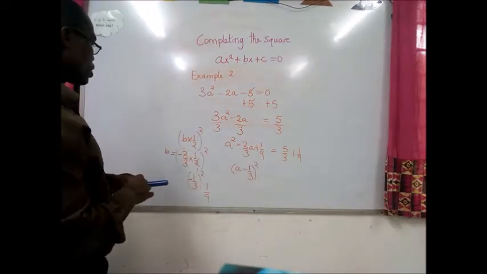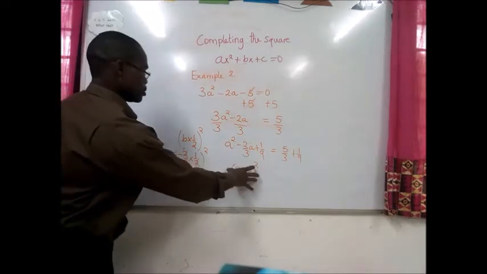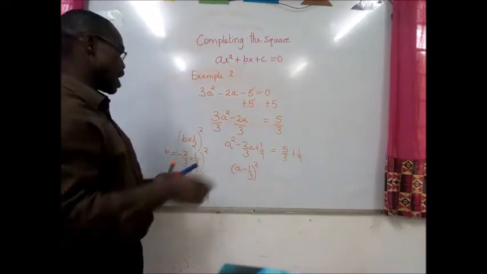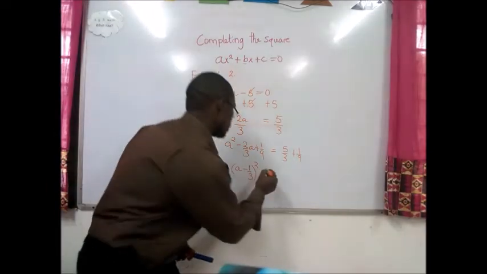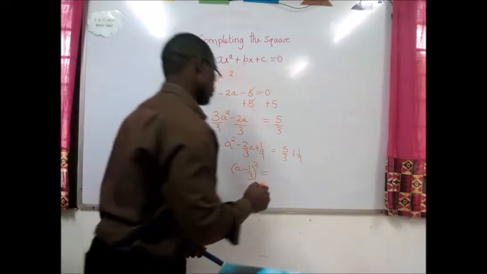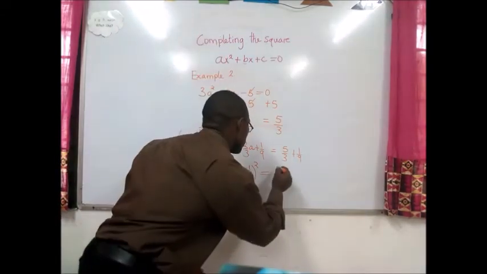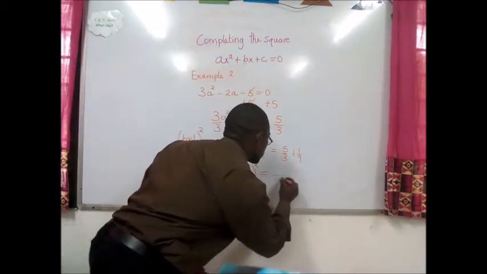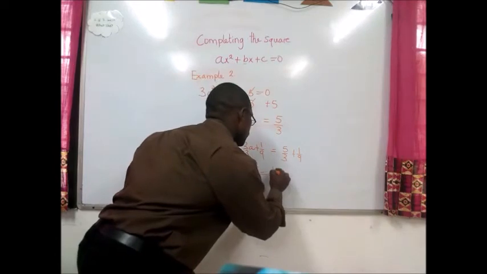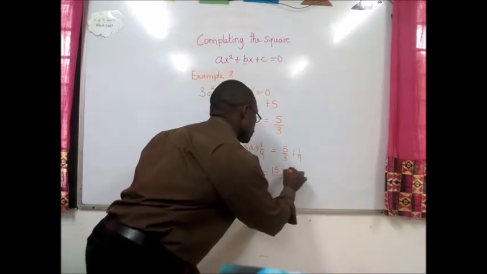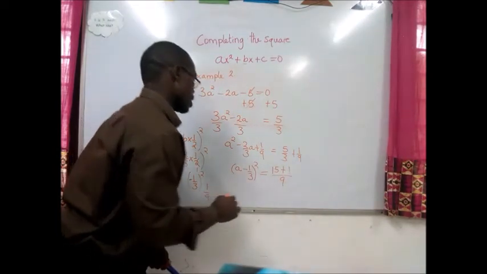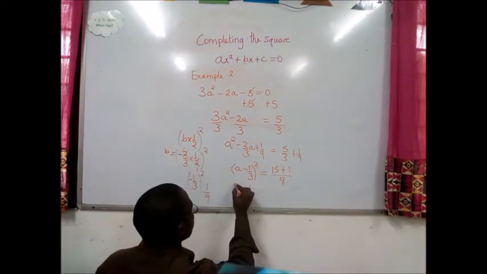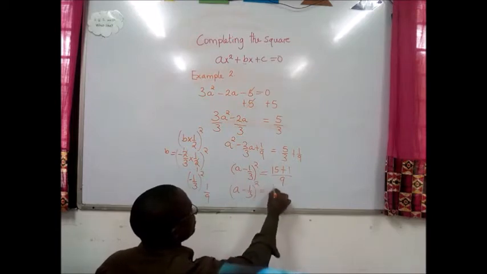Because we say in order to get what to be multiplied, it should be b over 2, which is b times a half. And then here, if we do our fraction operations, 9 down here, 15 over 9 here, plus 1. So the answer here, we are going to have a minus 1 over 3 squared is equal to 16 over 9.